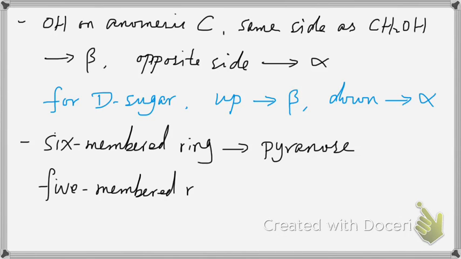Lastly, a 6-membered ring is called a pyranose. A 5-membered ring is called a furanose. All right.